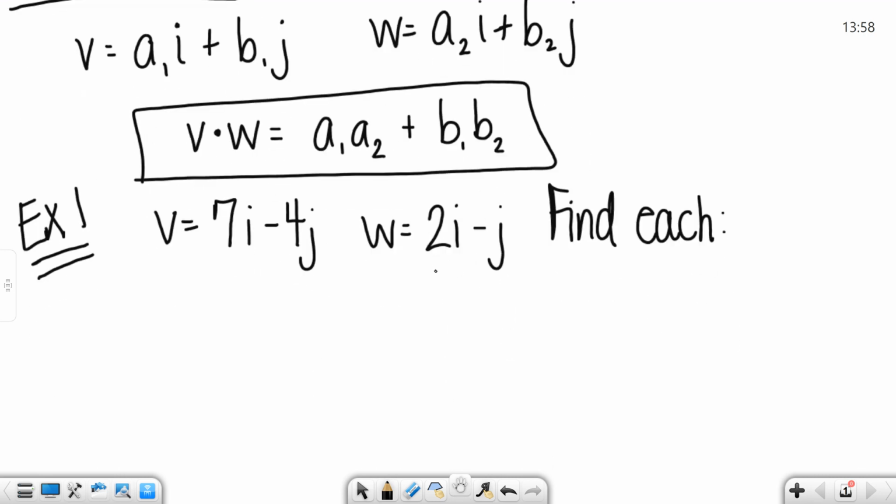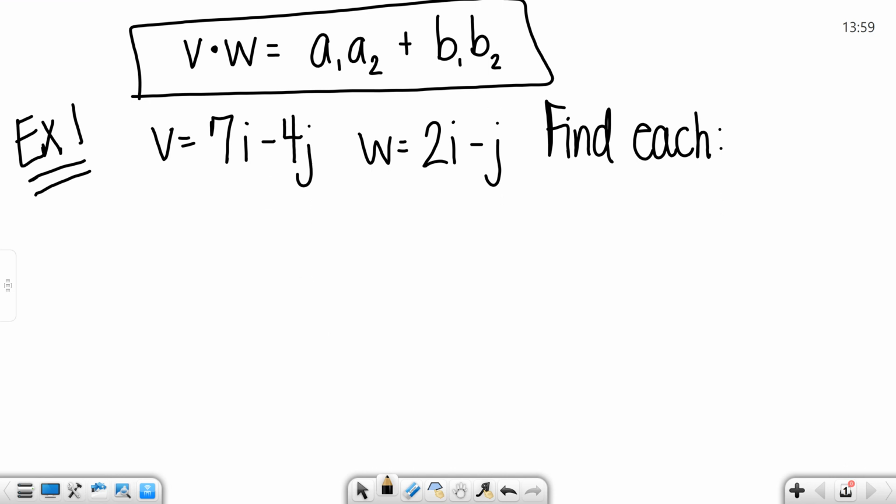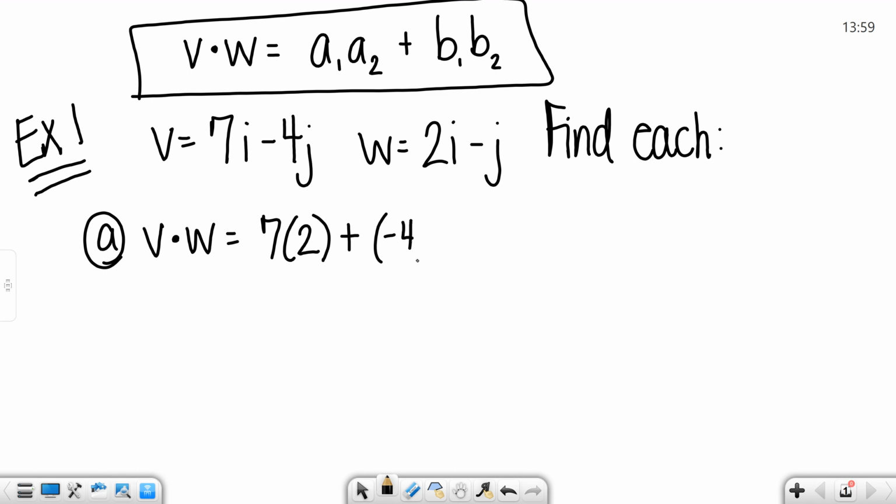We're going to start by just finding the regular dot product V dot W. If we use that little formula, we're going to multiply 7 times 2 plus, now that first B value is negative 4, and that second B value is negative 1. So I get 14 plus 4, which gives me 18. So V dot W is 18.